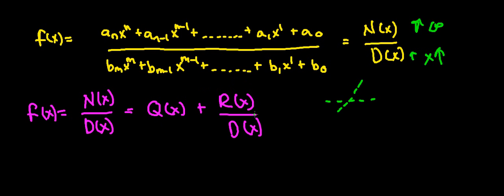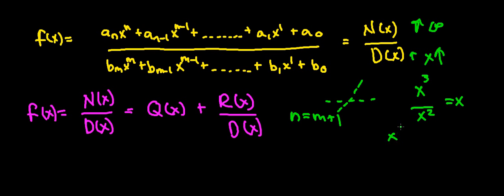Now when we have the case we're talking about, when n is equal to m plus 1, when the degree of the numerator is greater than the denominator by only 1. So if we have a case where the leading term is x cubed divided by x squared, if they divided evenly, we would get a linear function in x.